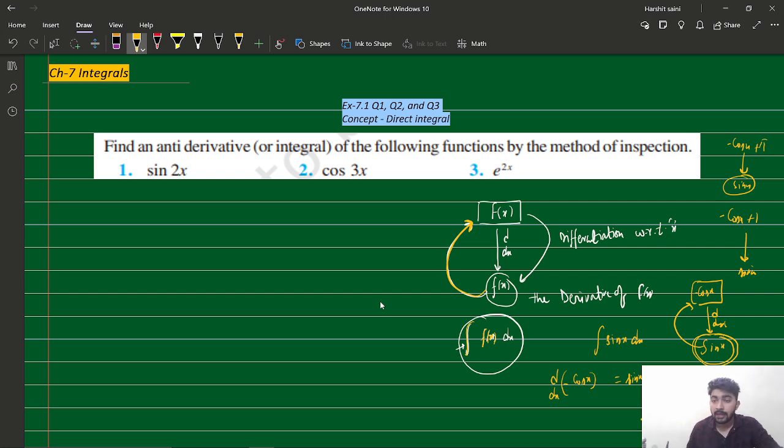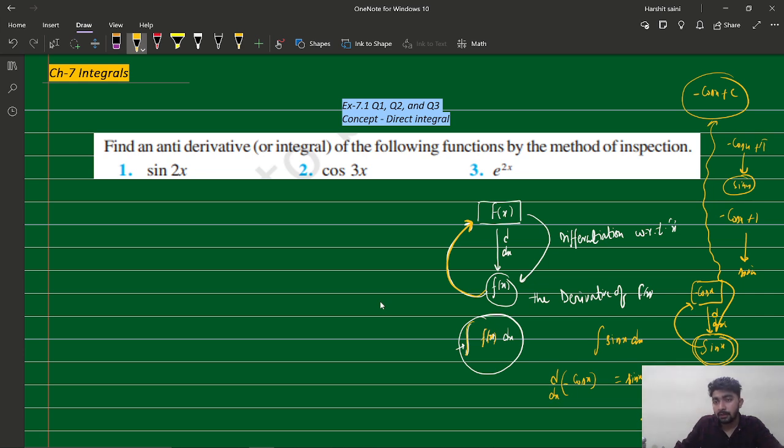But we need to write a unique answer. So how can we write all these integrals? For that purpose we are choosing a constant c here, and we are saying that minus cos x plus c is the final integral of this sin x function.